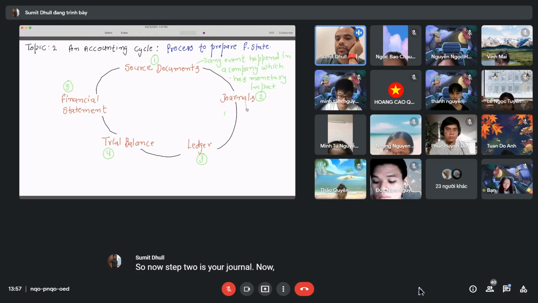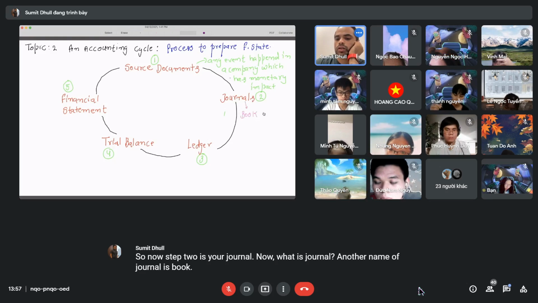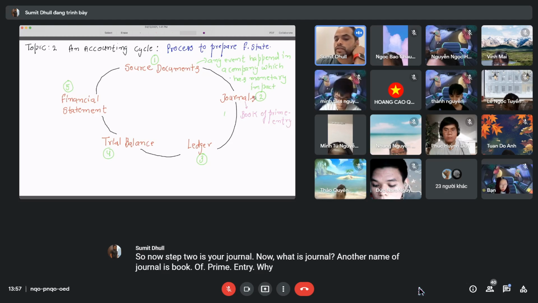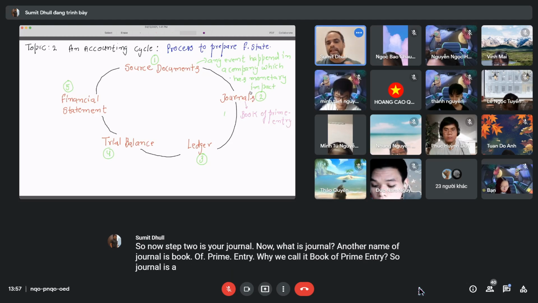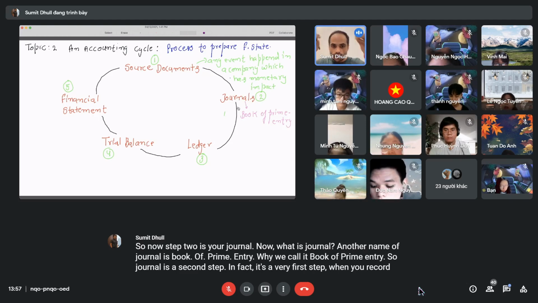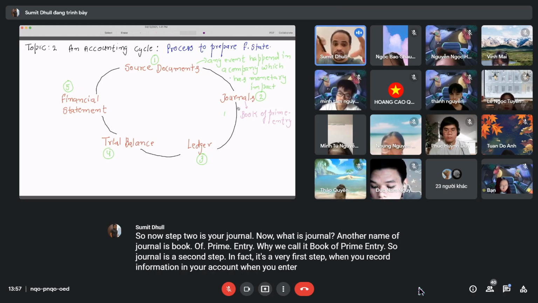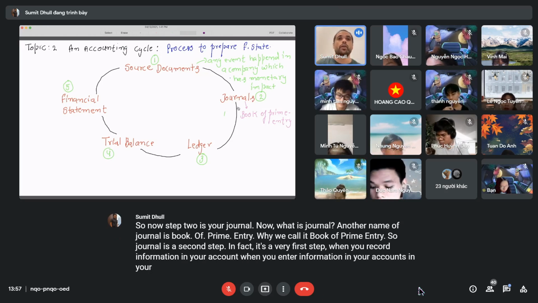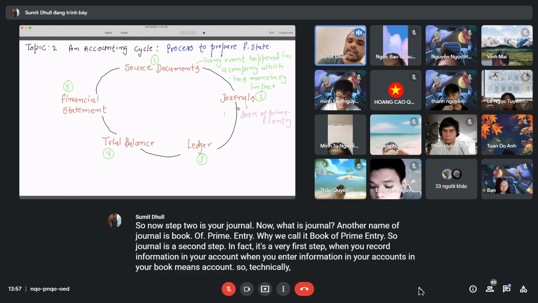Now, what is a journal? Another name for the journal is the book of prime entry. Why do we call it the book of prime entry? So the journal is the second step. In fact, it's the very first step when you record information in your accounts, when you enter information in your book. Book means account. So technically, the journal is the first step because the source document is given to you.